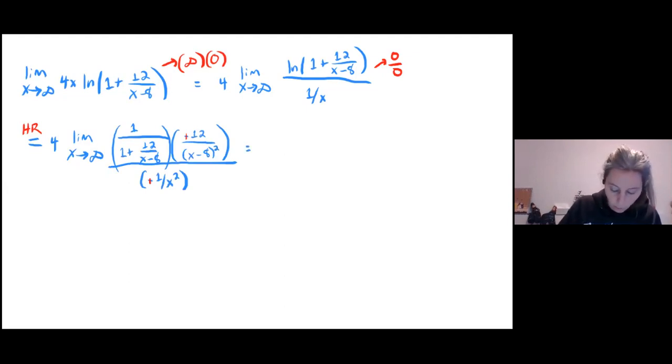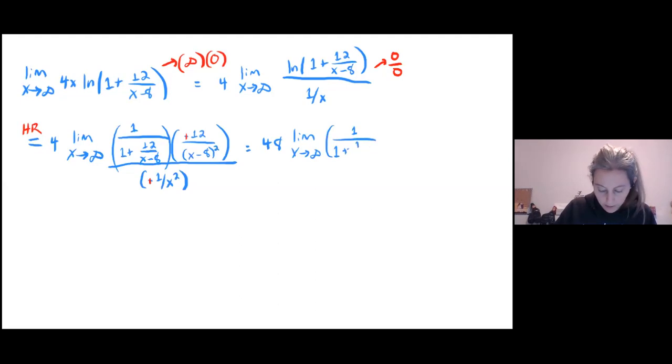So this gives me 48 times the limit as x approaches infinity of 1 over 1 plus 12 over x minus 8, times the 12 I brought to the outside, but I'm going to bring that x squared up, and I'm only going to give it to this part. So I don't need to distribute it to both parts. It's multiplication. I'm going to give it to this part and not the other part. x squared over (x minus 8) squared.